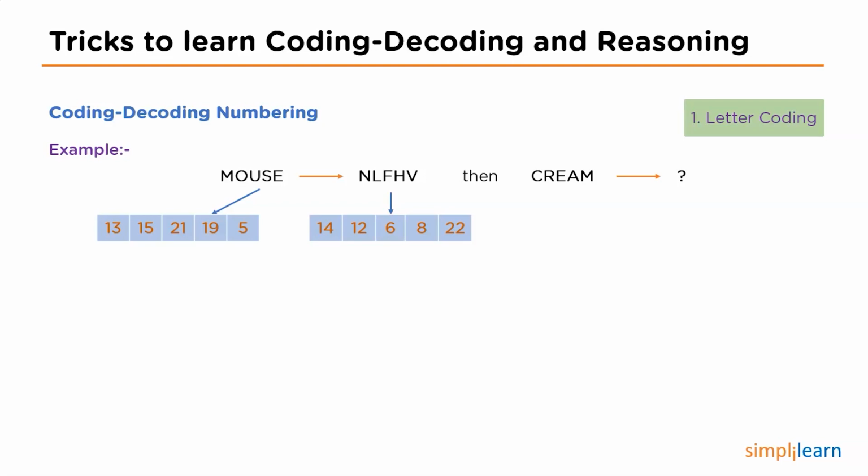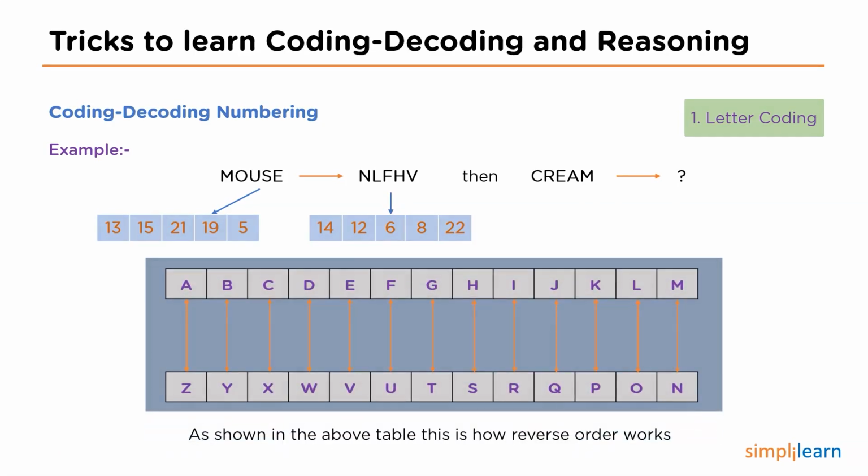In the same way, N, L, F, H, V is coded as N is 14, L is 12, F is 6, H is 8, and V is 22. If you observe the given word, it is in the reverse order. See the given table. Then you have an idea about how the letters are replaced using the reversed letters. So in the same way, to code cream in the exact reverse order, the reverse order method should be used.